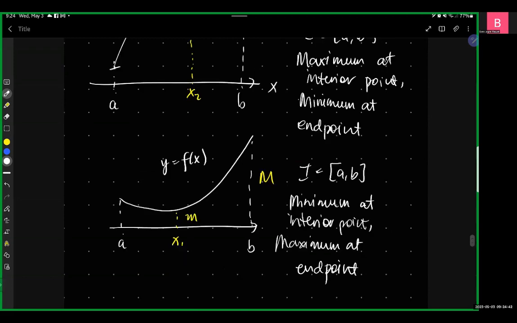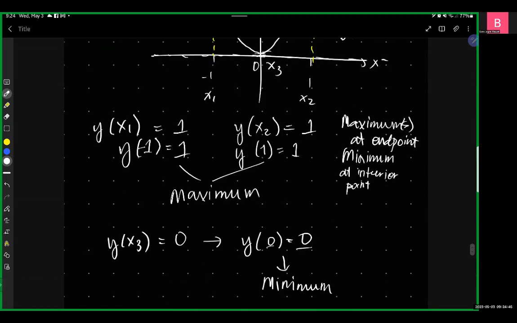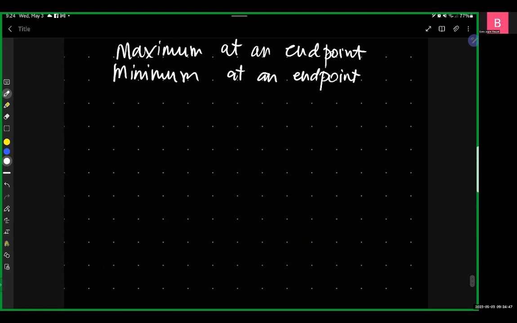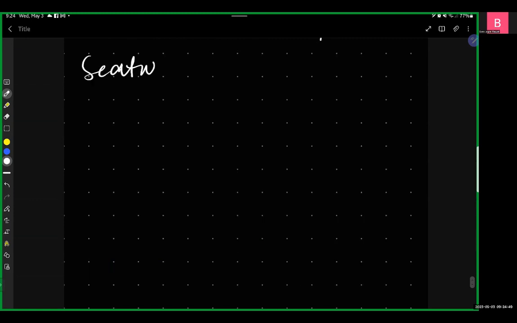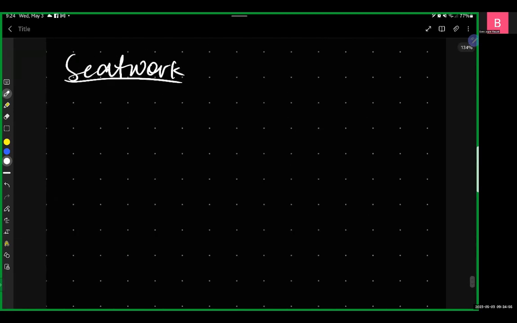So now, as a seat work, let me give you a seat work that you need to pass later. So make sure, again, na maganda yung screenshot nyo or yung pagkaka-PDF nyo. So the interval, I'll be giving an interval. So negative pi over 2 and pi over 2.